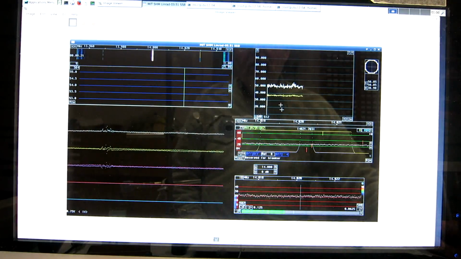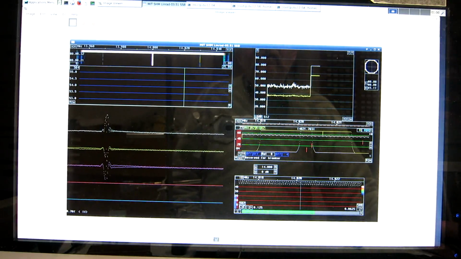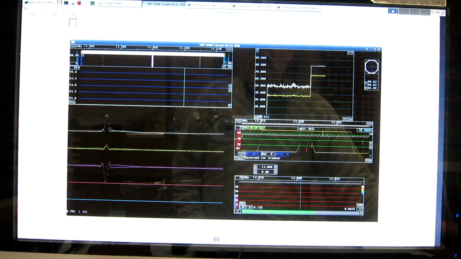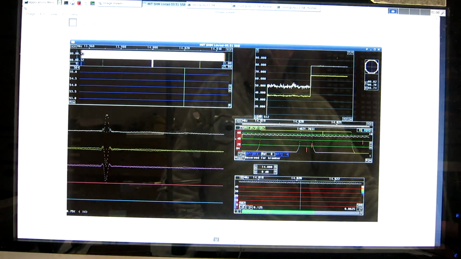If I disable the blanker, the level is 68 dB. The noise level is lower now than before because the pulse repetition frequency is now 4 times lower. That is 6 decibels.